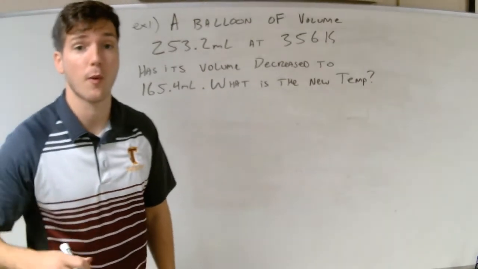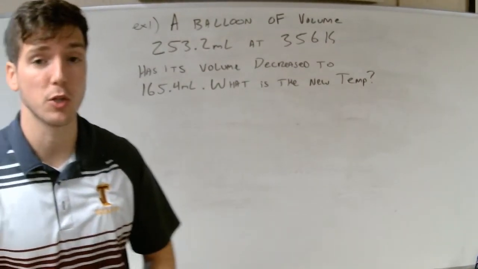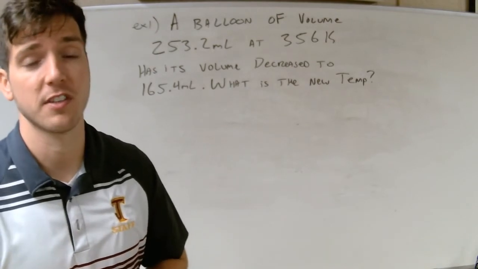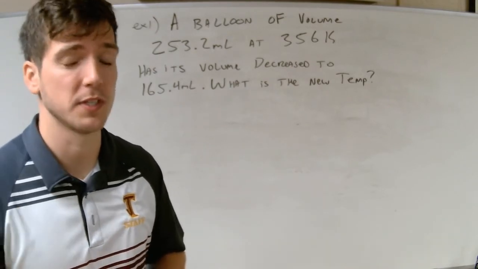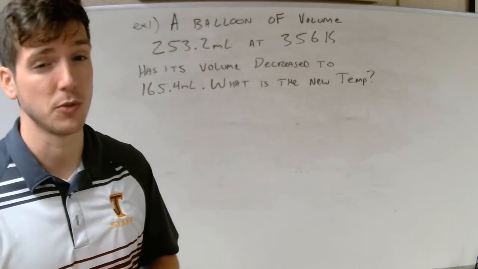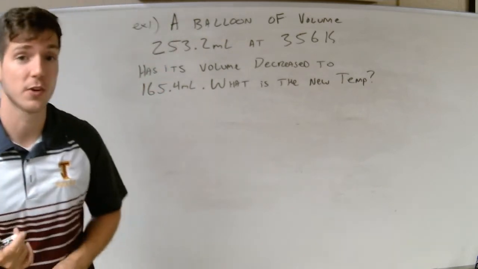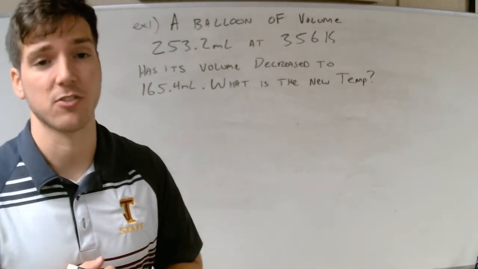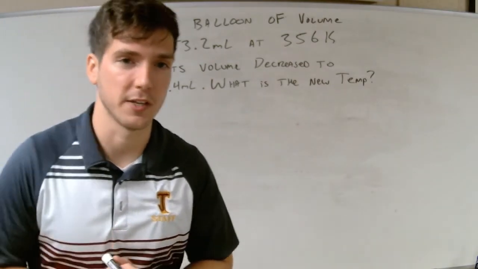Alright everyone, so our first example is a balloon of volume 253.2 milliliters at 356 degrees Kelvin has its volume decreased to 165.4 milliliters. What is the new temperature? So we're thinking ideal gas law, or it could be any other of our gas laws that we talked about. Well, let's figure out what we've got to use.